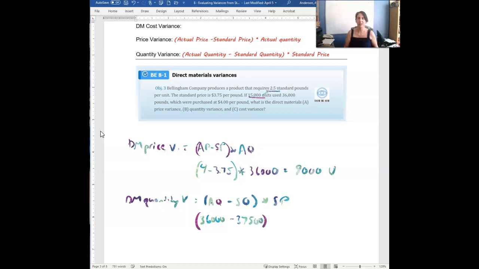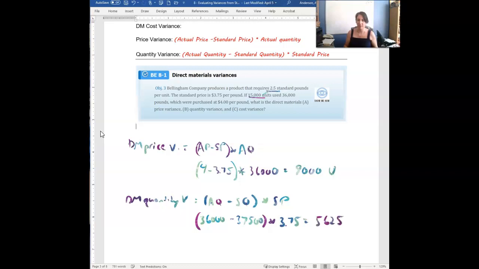So if I'm making 15,000 units, what would I have expected to use in quantity? You multiply those to come up with 37,500. And it's going to be times the standard price, which we know is $3.75.